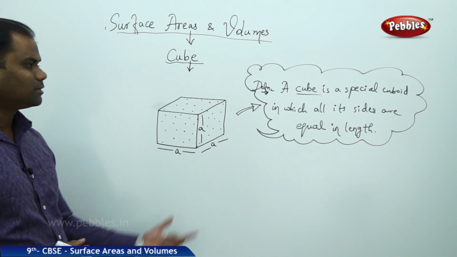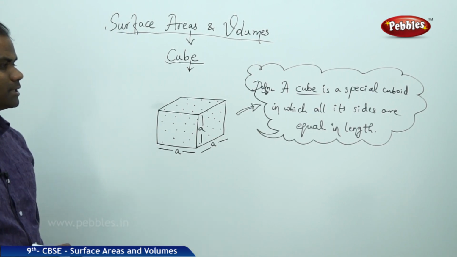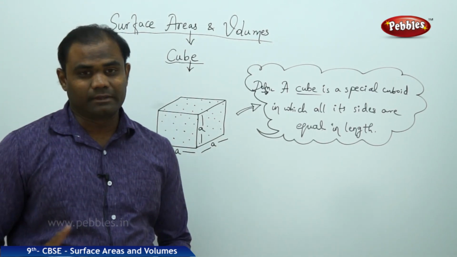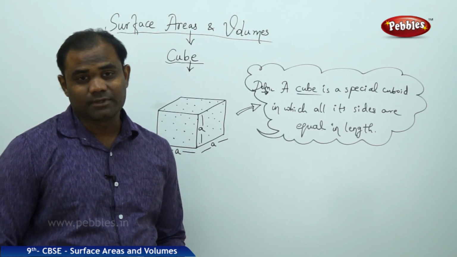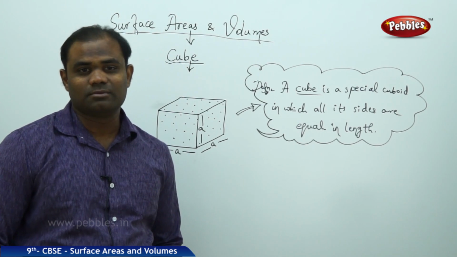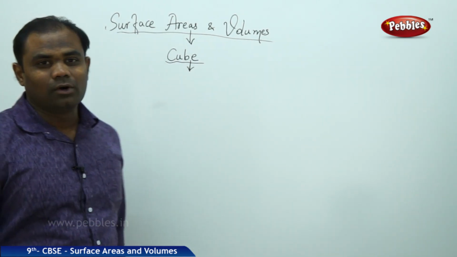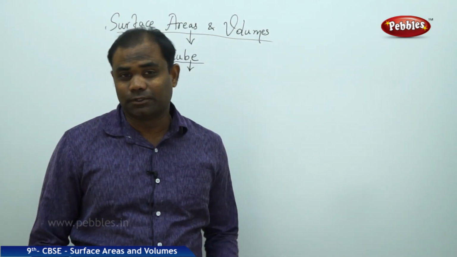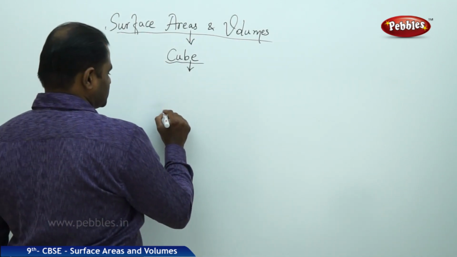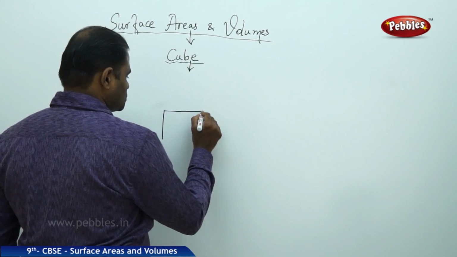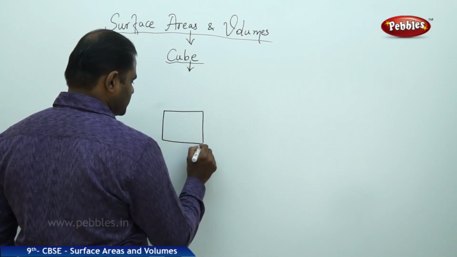A cube is a special cuboid in which all its sides are equal in length. Now let's see the surface area of the cube. So let's take a cube, as we have defined a cube to be a cuboid in which all its faces are equal.